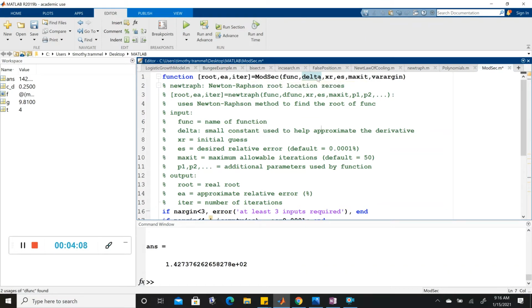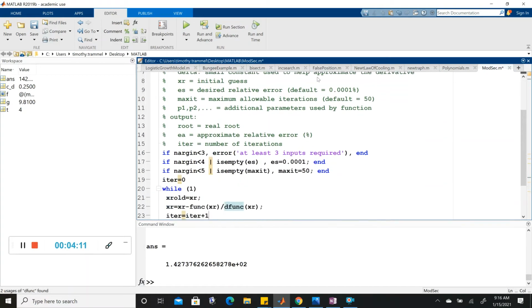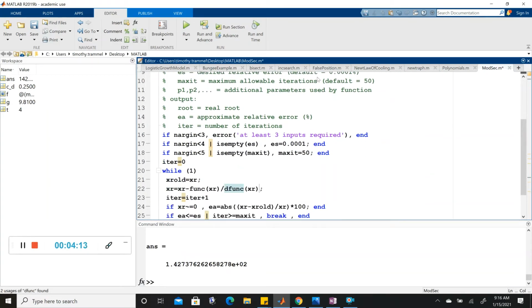Well, let's go down and we are going to edit that one line, this one right here. So remember, in the numerator now, we're going to have three things. We're going to have the function value at x sub r, then times delta, and then times x sub r. We were using x sub i, but this is the same idea here.